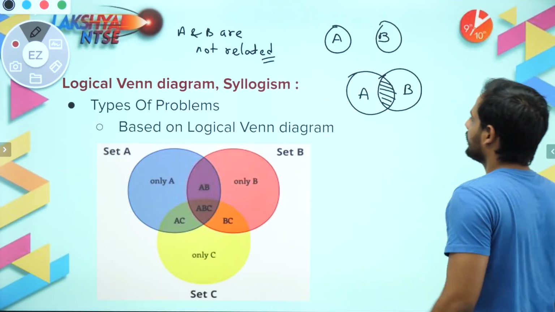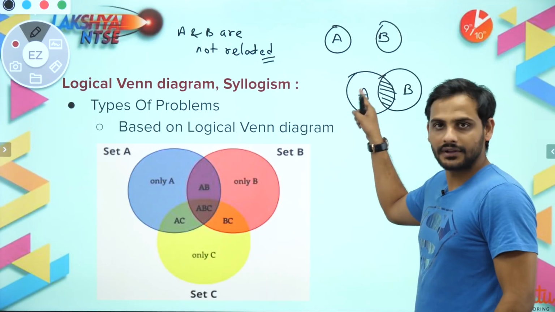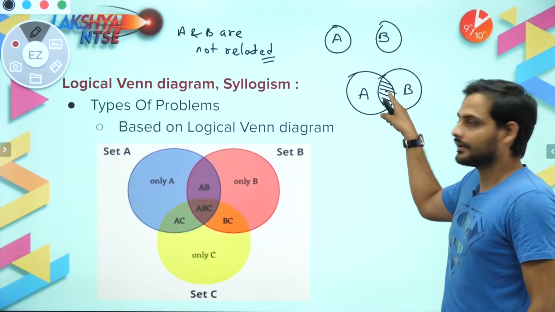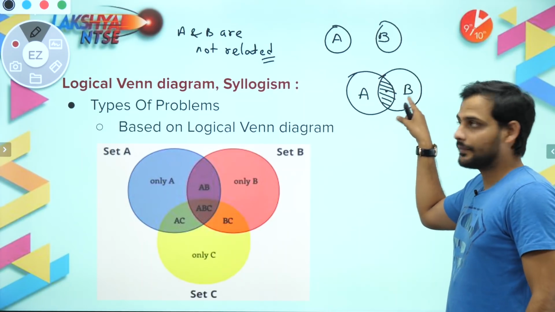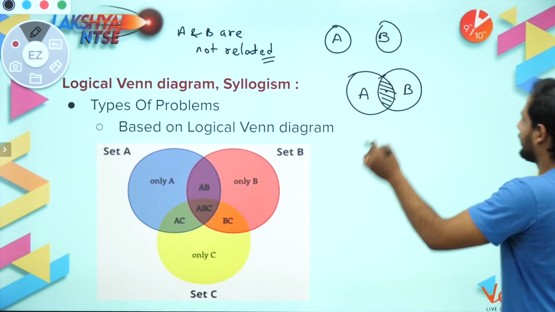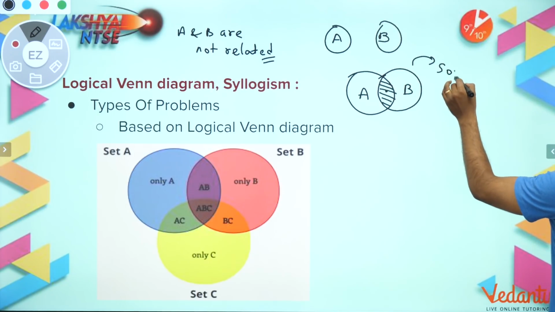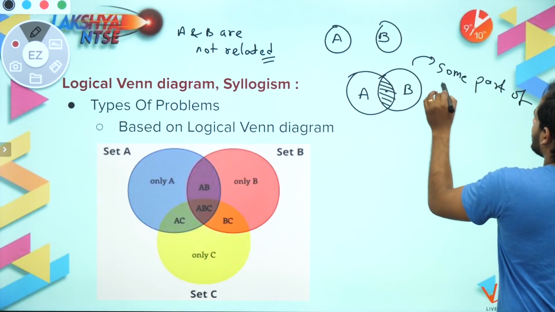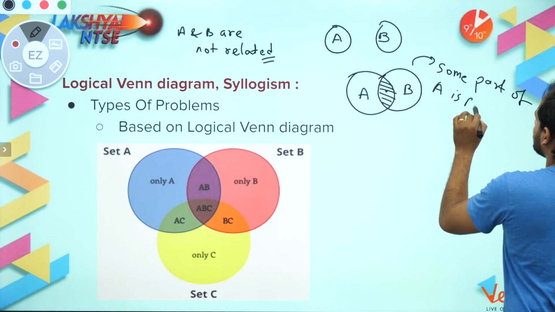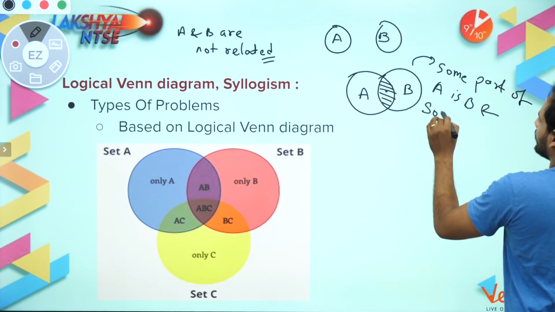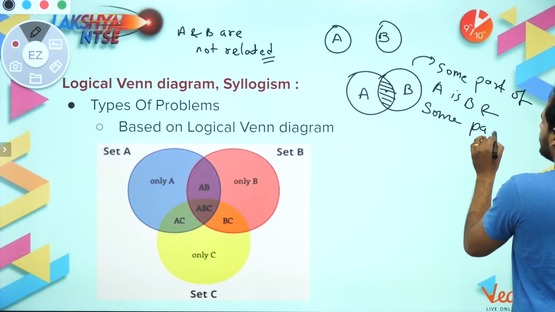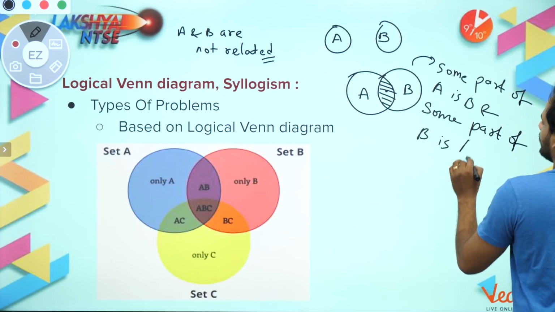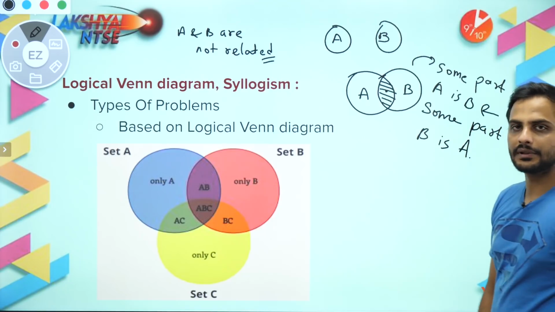So here I can say some part of A is B, because this part comes under A as well as B. So this part of A is also B and this part of B is also A. So from here I got the thing that some part of A is B, and the next thing, some part of B is A.